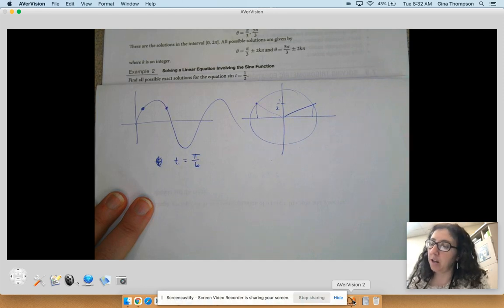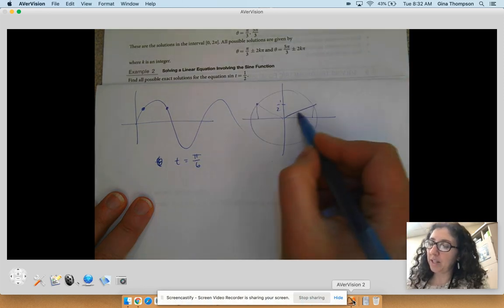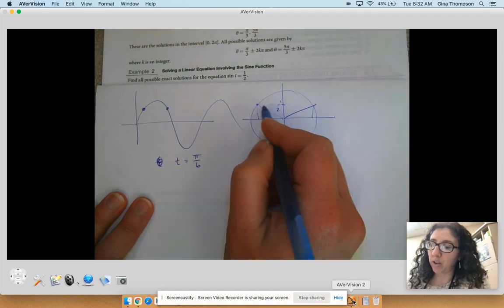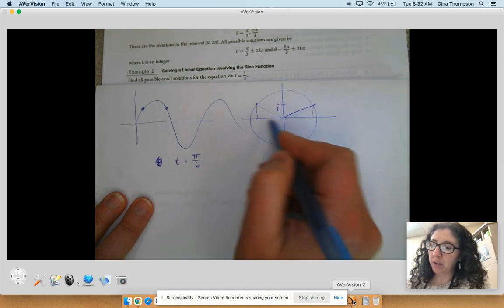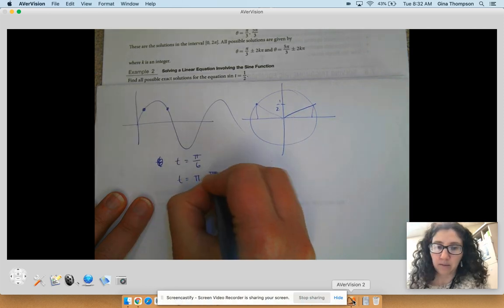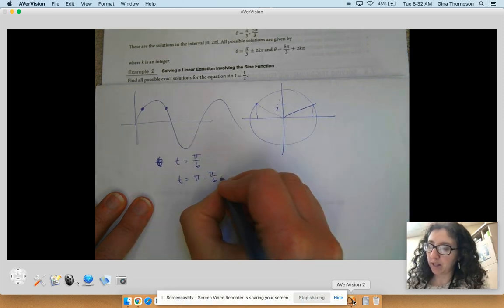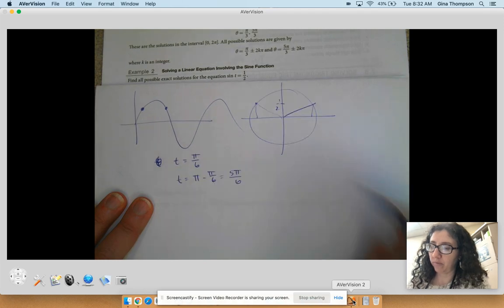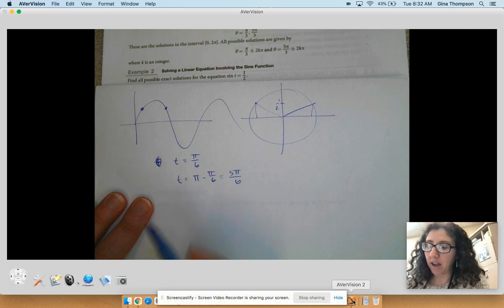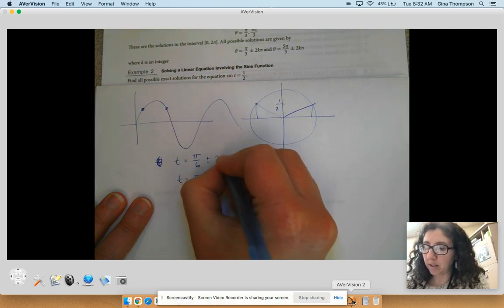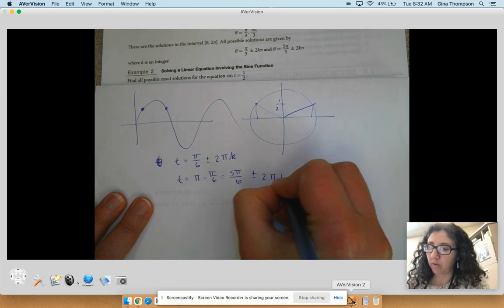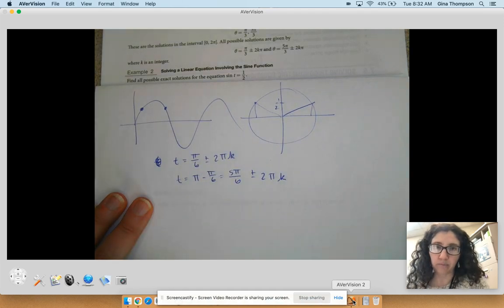If you have one, what's the other solution between 0 and 2 pi, where sine would have that same value? Well, it's going to be pi minus pi 6, or 5 pi 6. Those are going to be our 2 solutions between 0 and 2 pi, and then we can say plus or minus 2 pi times k for all the solutions on the number line.